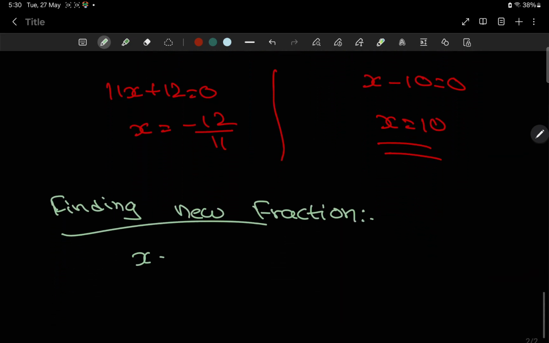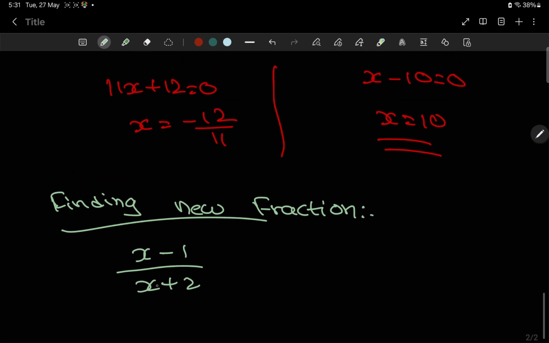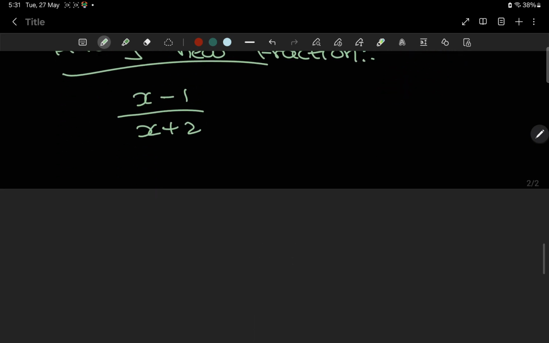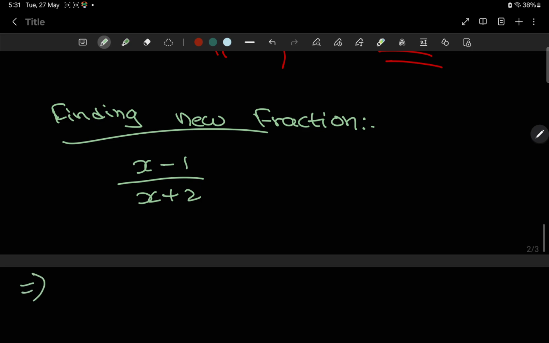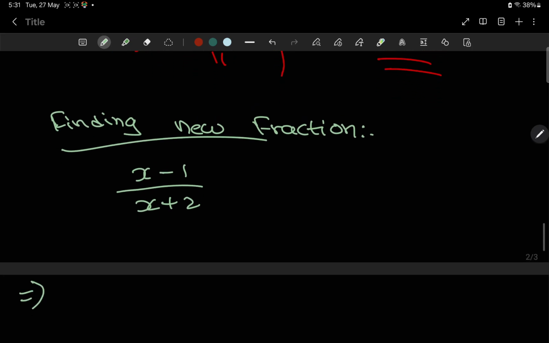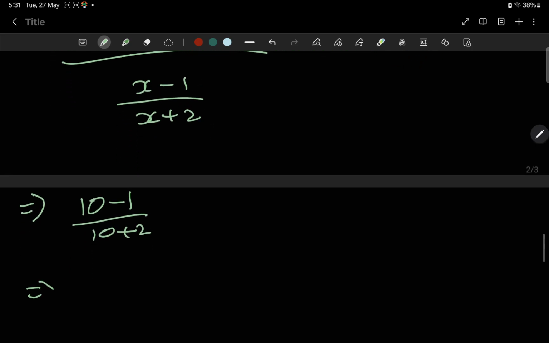So it's x minus 1 by x plus 2, that implies, what is x? 10 minus 1 by 10 plus 2. That implies, what is 10 minus 1? It's 9 by 10 plus 2, 12. So it is the new fraction.